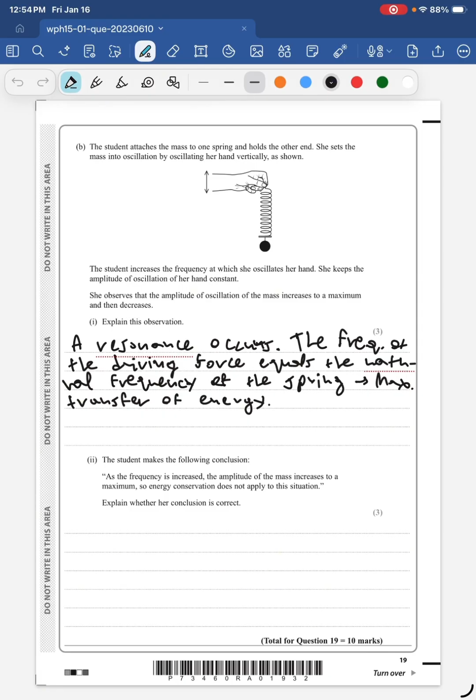So the student makes the following conclusion: as the frequency is increased, the amplitude of the mass increases to a maximum, so energy conservation does not apply to this situation.